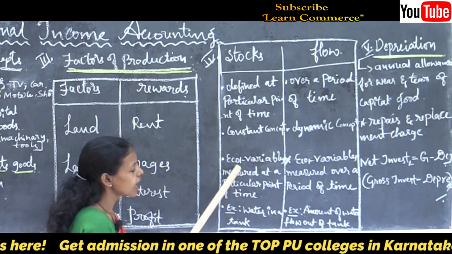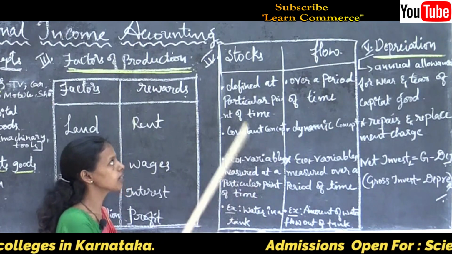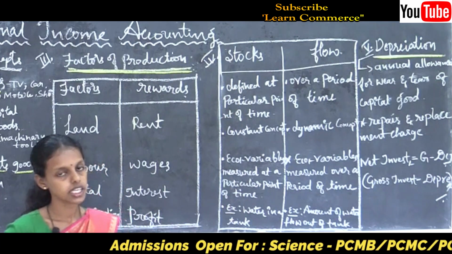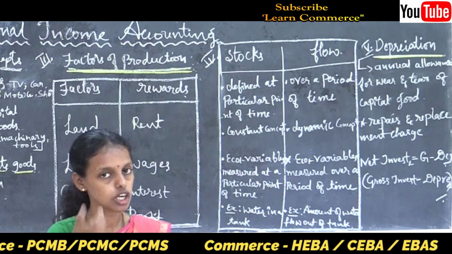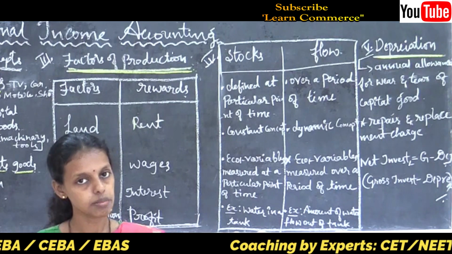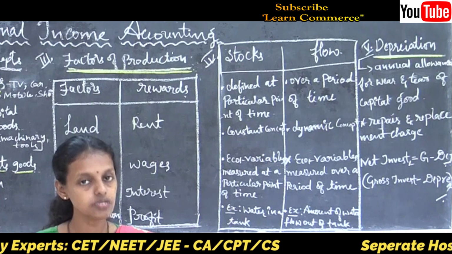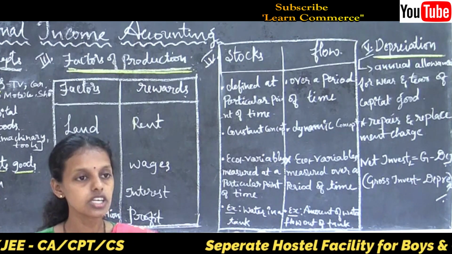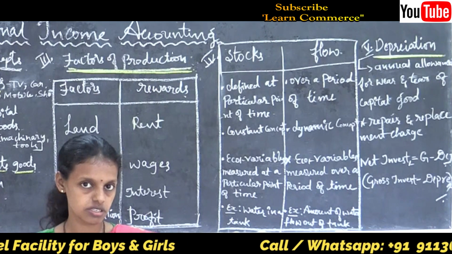Thus, economic variables measured at a particular point of time are said to be the stock. You know that price changes, demand changes, supply changes, income changes, investment changes, capital, employment, all are variable factors.